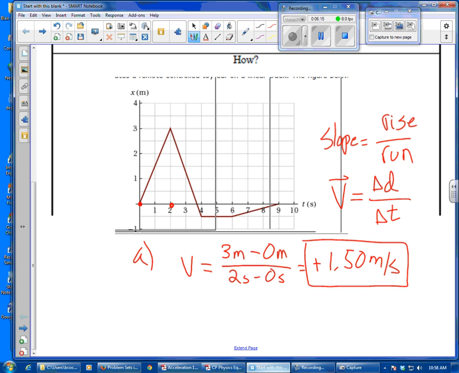That would be a plus, because it's positive. And it asks me to indicate the direction with the sign of your answer. So they're actually asking me for velocity, but since the answer came out positive, I implicitly put the positive sign.